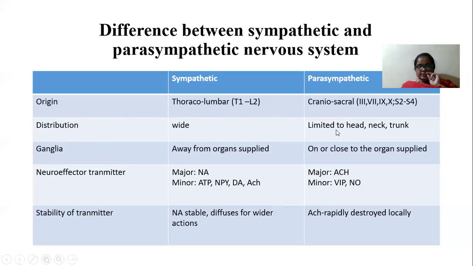In sympathetic, the ganglion is somewhat away from the organs; in parasympathetic, it is close to the organs. The major neurotransmitter in sympathetic is noradrenaline, and in parasympathetic it is acetylcholine. Noradrenaline is very stable and diffuses for wider actions, while in parasympathetic, acetylcholine is destroyed very rapidly. So these are the differences between sympathetic and parasympathetic.